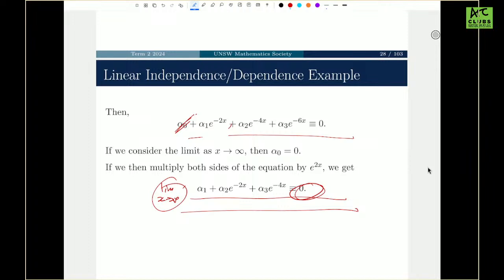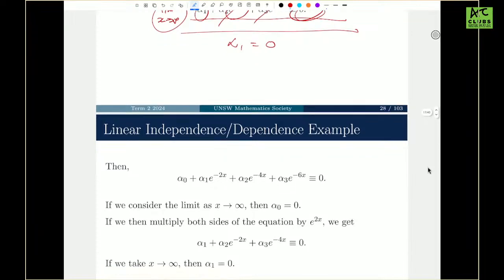So limit as x approaches infinity, alpha 1 is going to be preserved, e to the negative 2x is going to be e to the negative infinity, which is again 0, so that vanishes, and this other thing vanishes here. So basically we'll end up with alpha 1 equals 0.